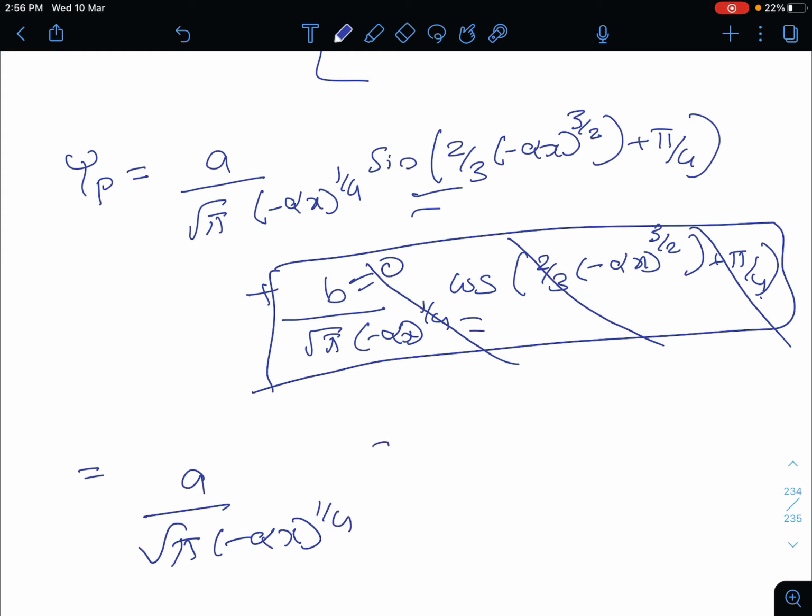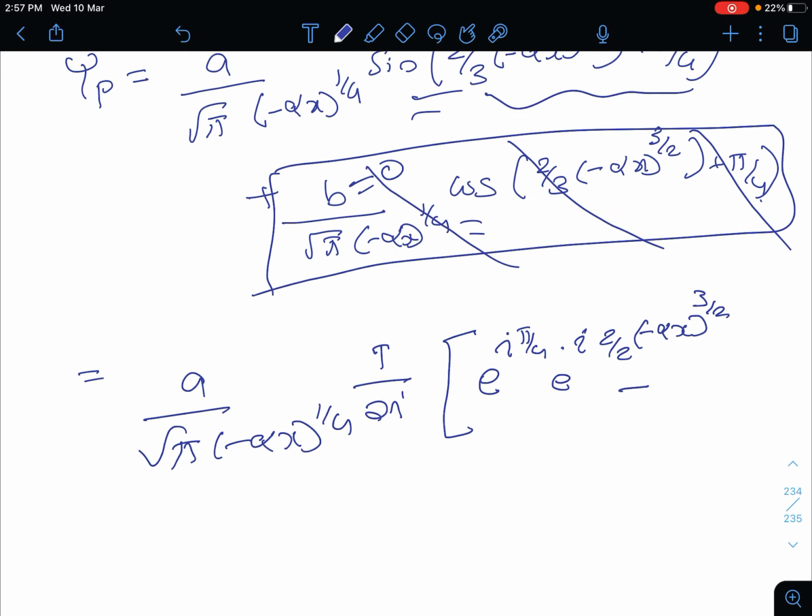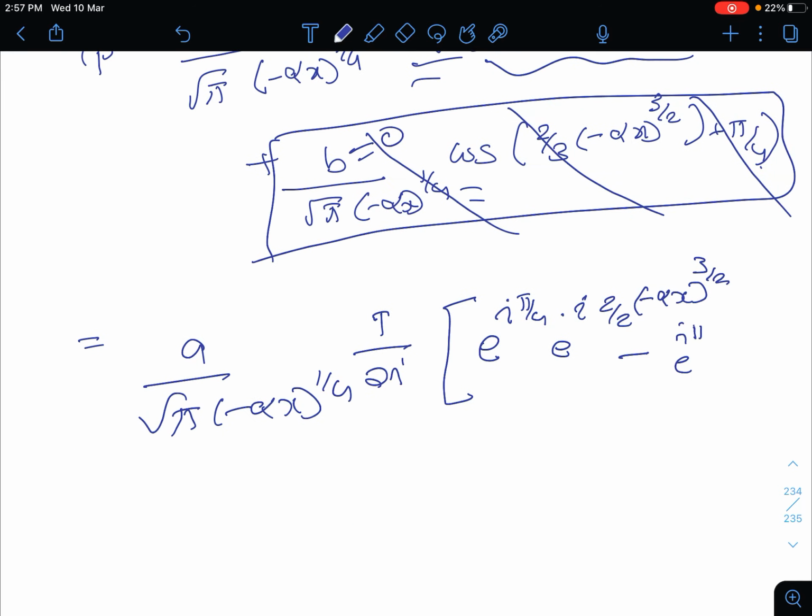Okay, sine theta is 1 by 2i, you remember, e raised to i theta minus e raised to minus i theta. So this entire term e raised to i pi by 4 into e raised to i 2 by 3 minus alpha x all raised to 3 by 2, minus e raised to minus i pi by 4 minus i 2 by 3 minus alpha x all raised to 3 by 2.